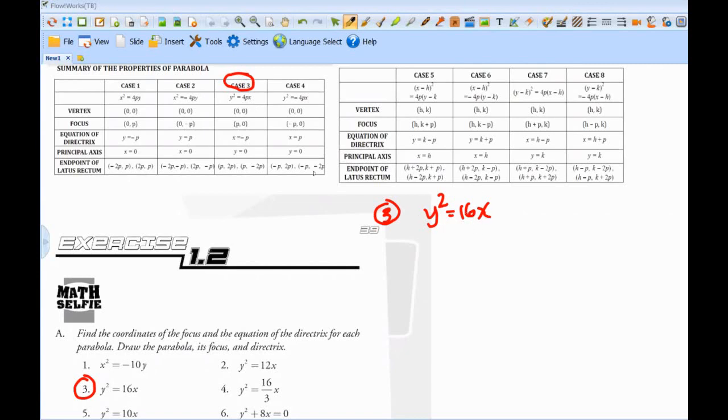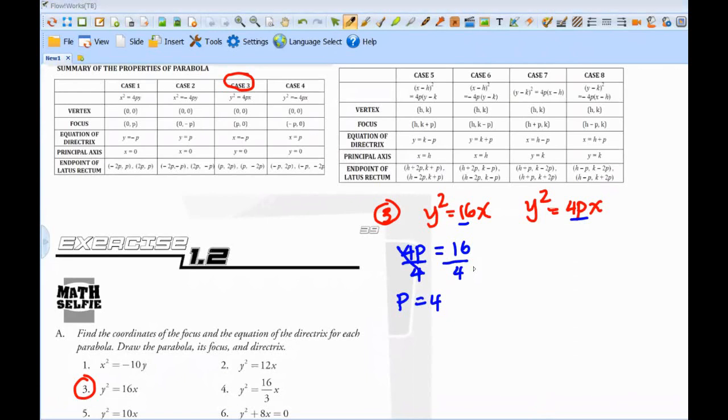So let's get the equation. y squared is equal to 4px. So we will equate the two, 16 and 4p. So 4p is equal to 16. So we'll divide 4 both sides. So p will be 4.